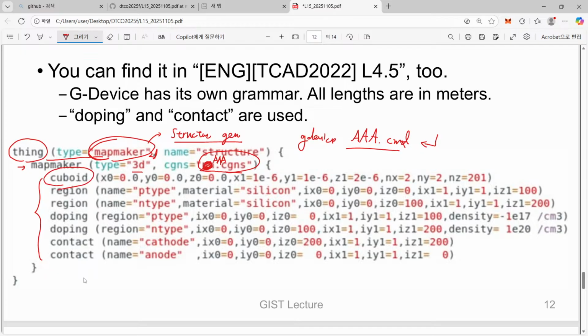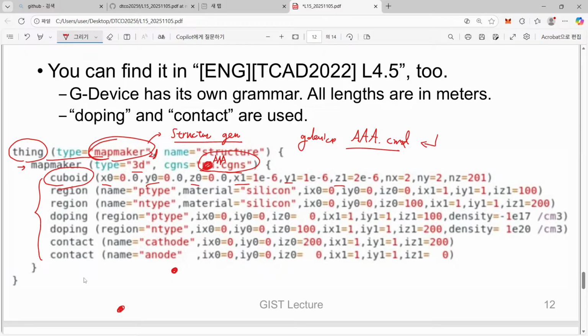Cuboid is just to describe the size of our entire system. Please have a look at this triplet, x0, y0, and z0. It specifies a position in three-dimensional structure. This corresponds to the origin point. And another one, x1, y1, z1, is another point which is diagonal in this cuboid.